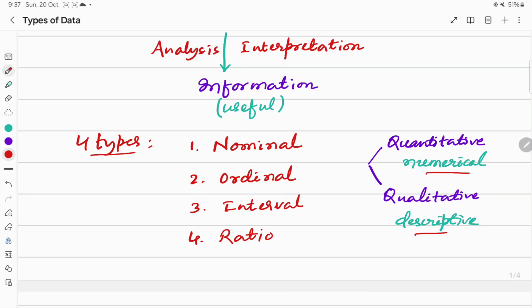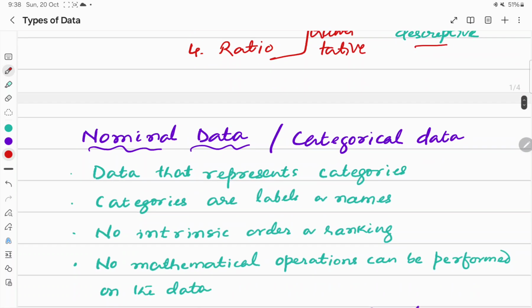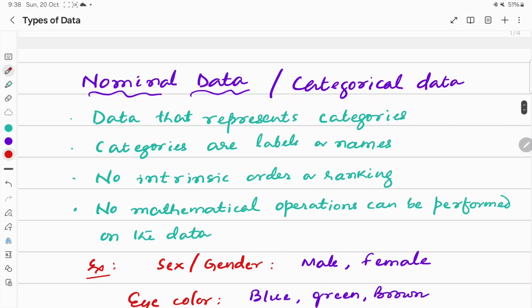Qualitative is the descriptive data. Nominal and ordinal data are qualitative, whereas interval and ratio data are quantitative. So let us discuss one by one.